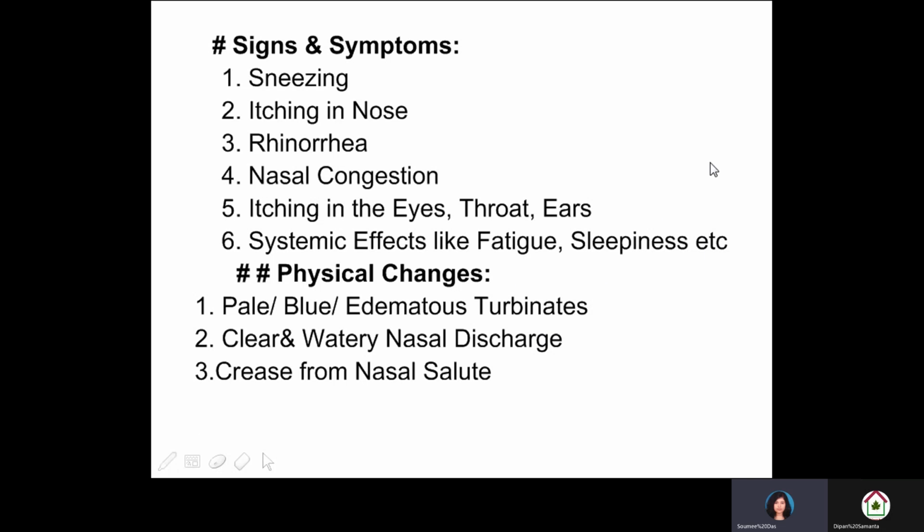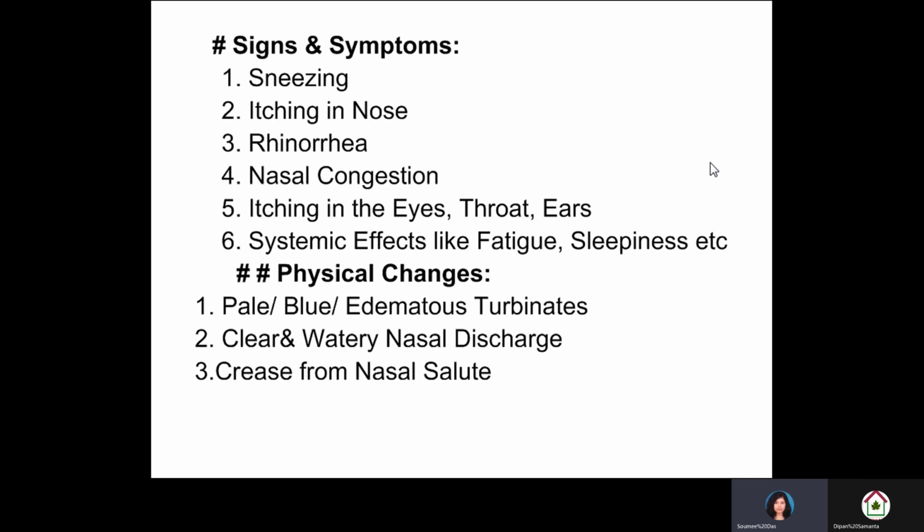So why does the weakness or fatigue occur? Because histamine, which is classically related with allergy, is a potent vasodilator. So histamine would cause the allergy, and subsequently it would also cause vasodilation. Because of the vasodilation, the blood pressure of the patient would go low.